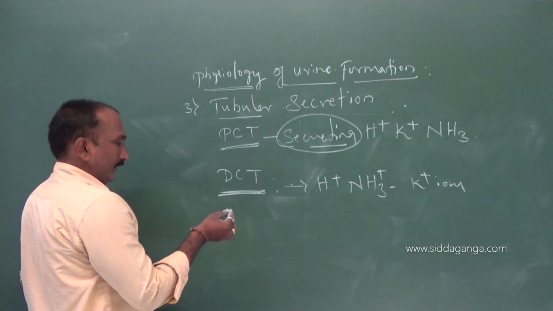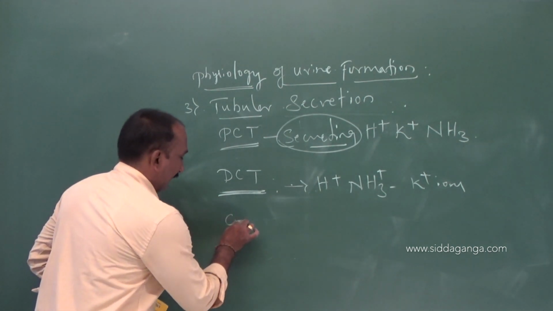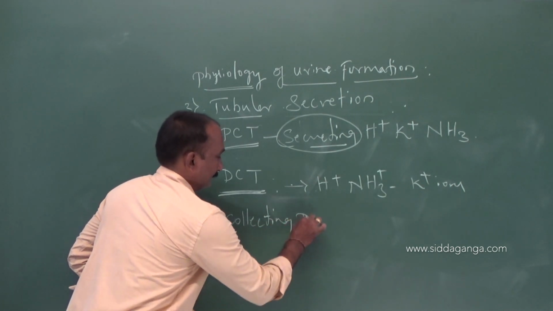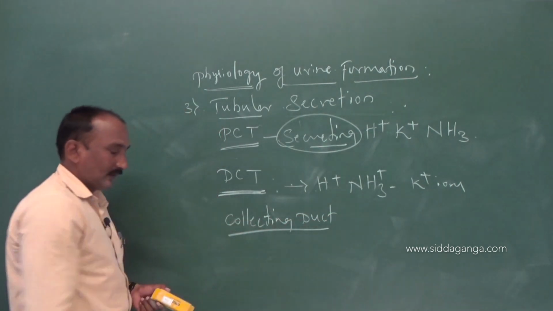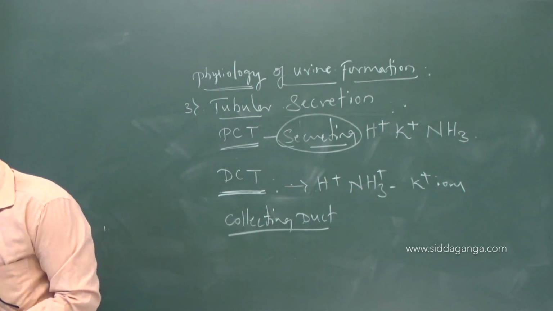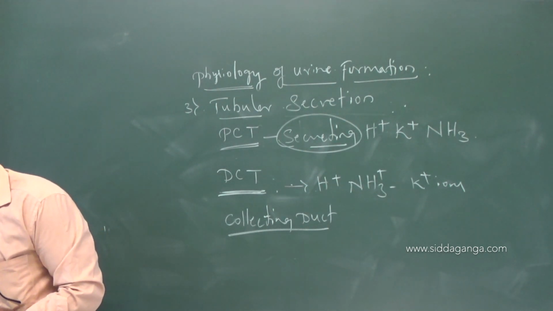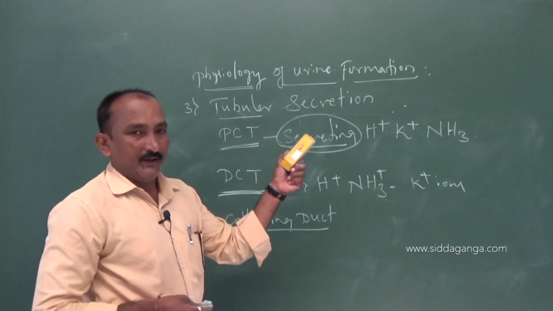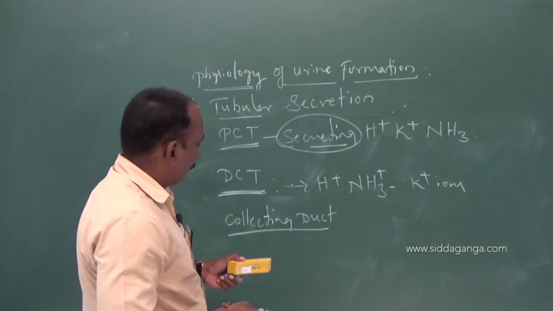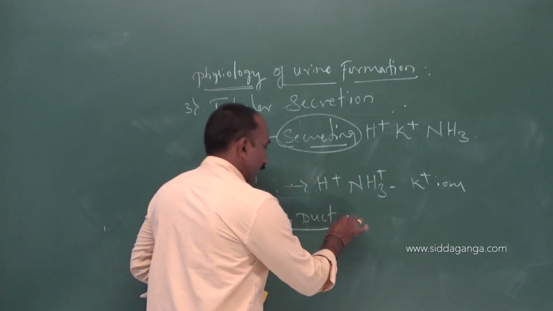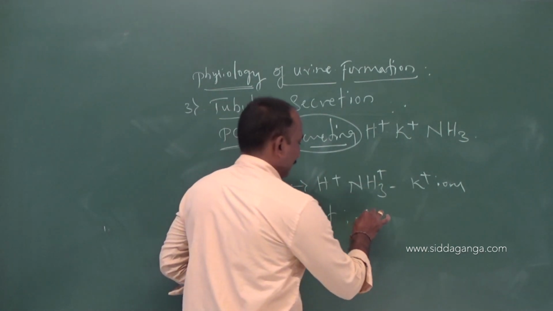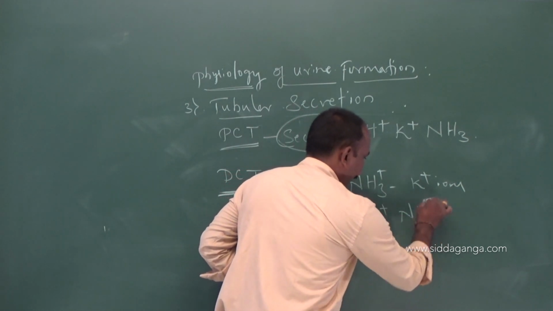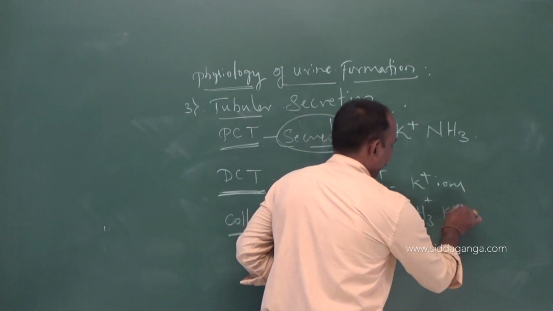Similarly, the next part involved in the nephron is the collecting duct. The collecting duct is also involved in tubular secretion, and it is able to secrete the same, that is H plus, ammonia and also K plus ions.